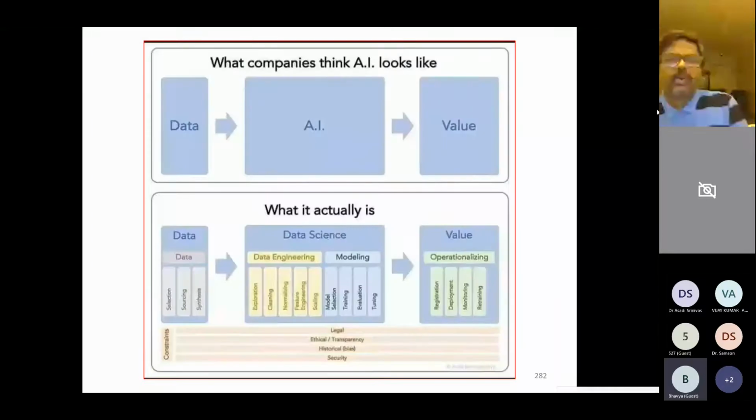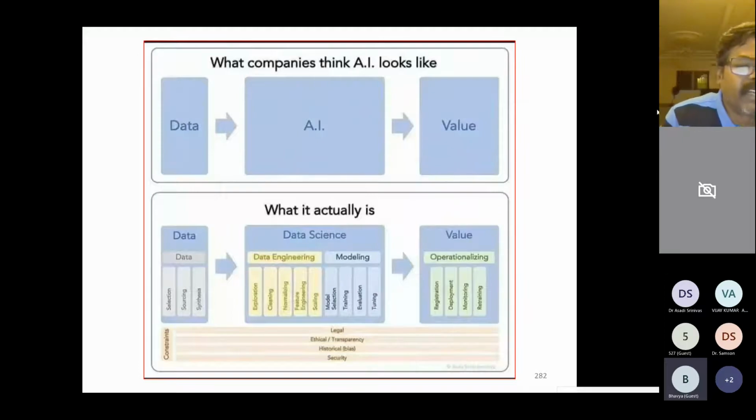So what do companies think AI looks like? See, how are companies, industries, manufacturing industries using this artificial intelligence? See here, data. Data is a raw material. Anything can be data. So data takes artificial intelligence, then it becomes value.